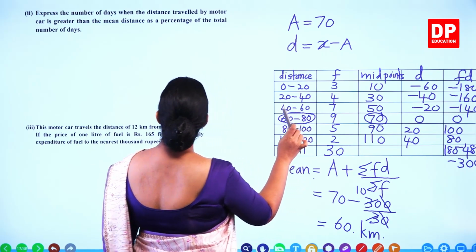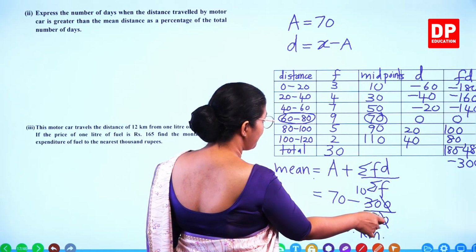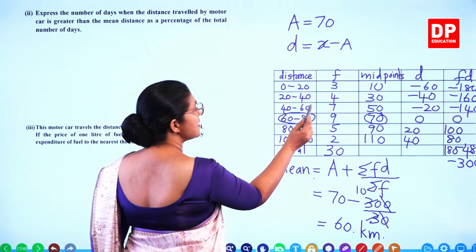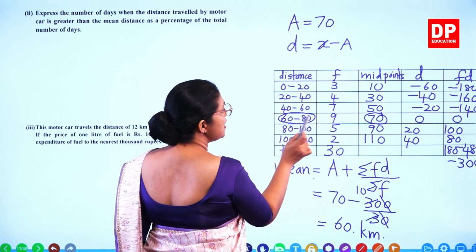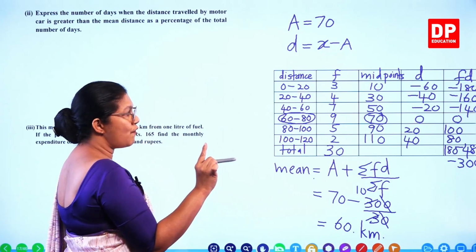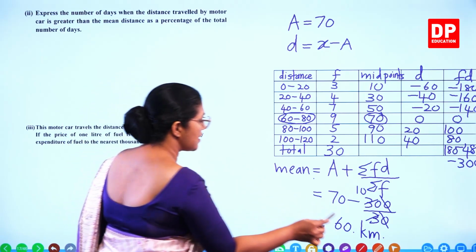Greater than 60 means here 60 is included. This one. Greater than 60 means from here to here. 9 plus 5, 14. 14 plus 2, 16. 16 cars are there.